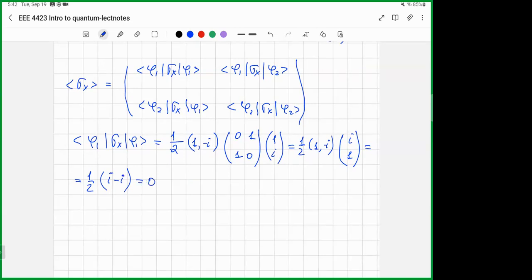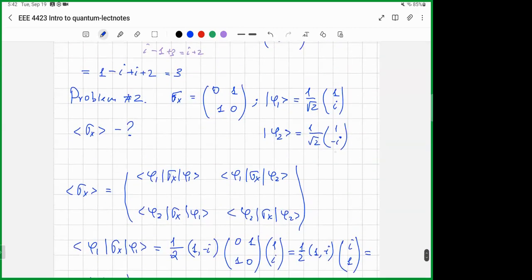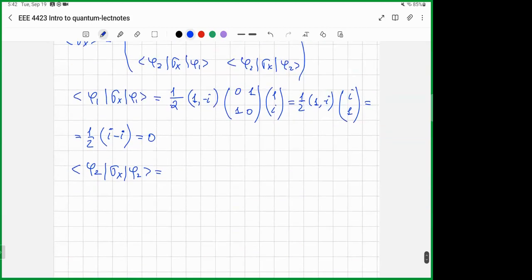So the expectation value for this state is 0. Pretty good. And of course the expectation value for the second state is also 0, because the difference is just the minus here, right? So the expectation value for the second state is also 0.